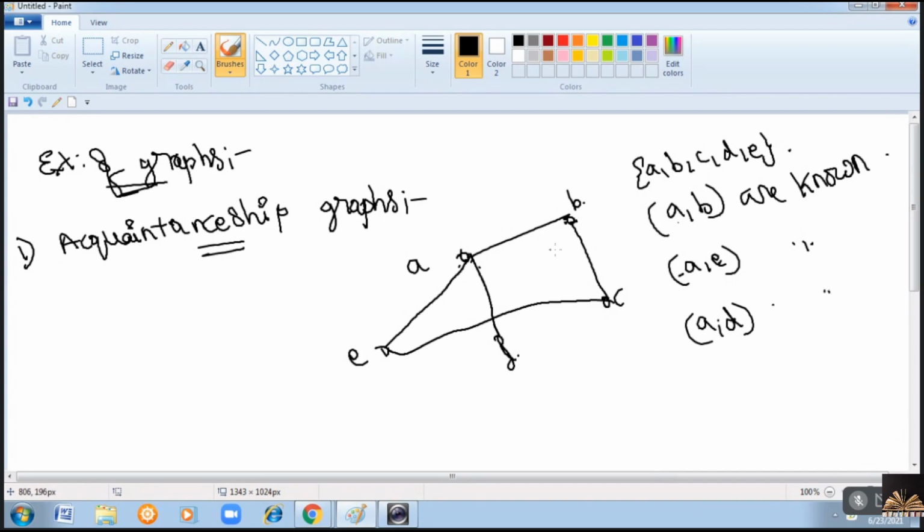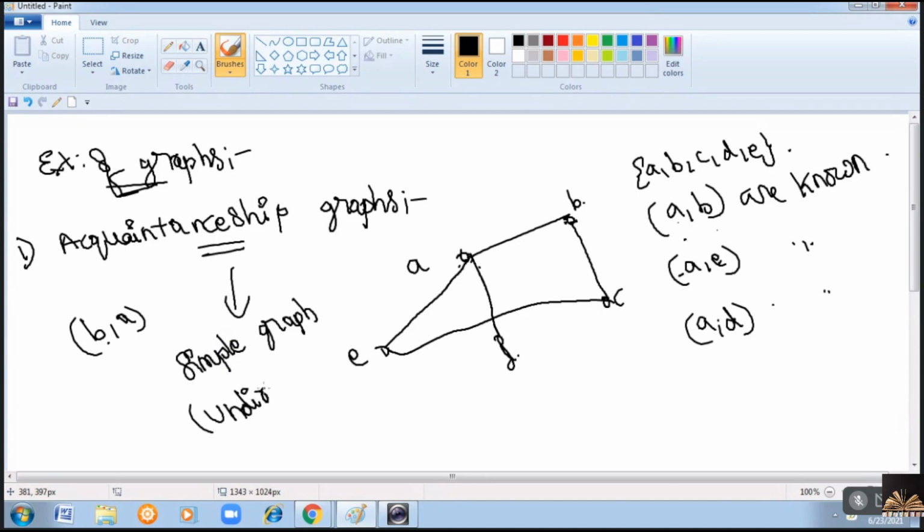Similarly, for vertex B, we have an edge to A. Here A and B are known to each other, which indirectly means that B and A are also known to each other. That is the reason you use a simple undirected graph here.